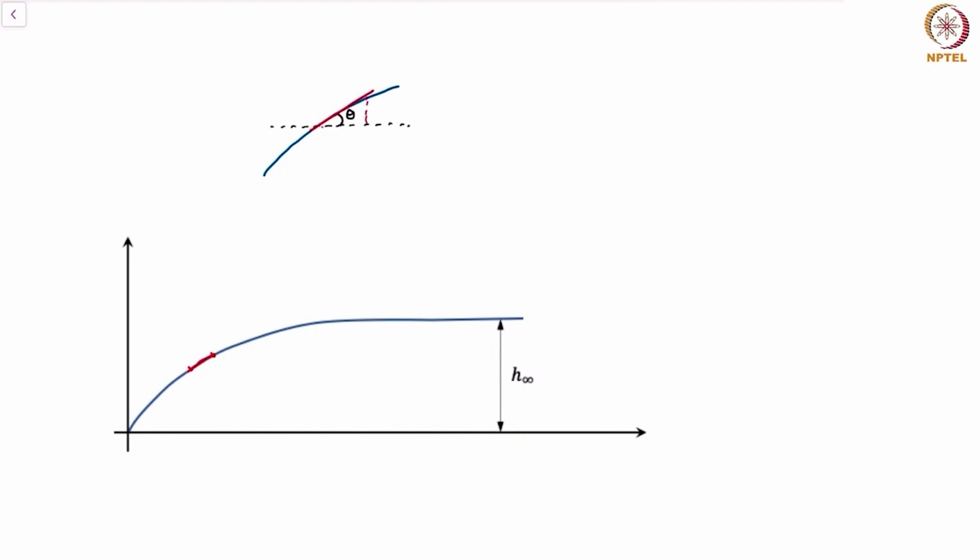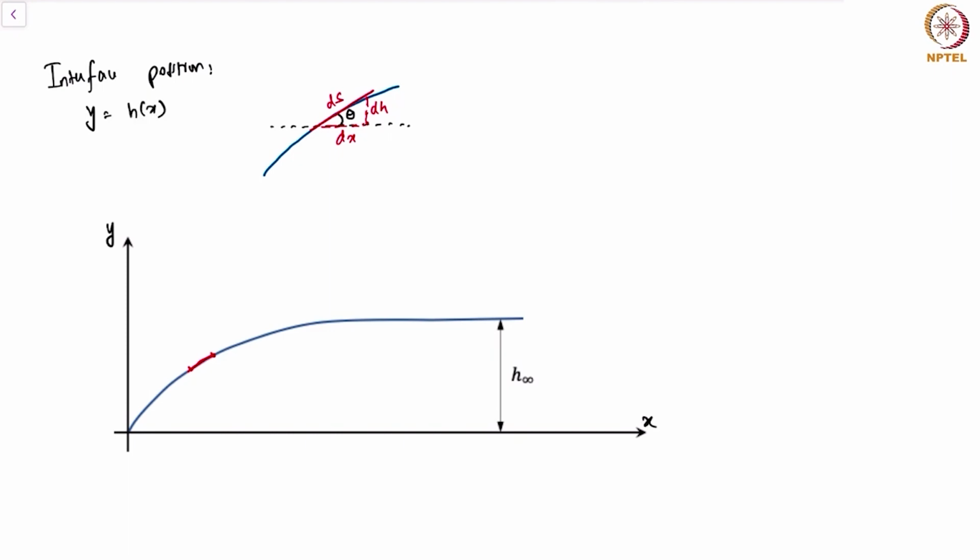So I could define a small triangle here, where ds is along the interface, dx is taken along the horizontal, and dh is taken along the vertical, where the interface height at any given location is given by y equals h of x, where x is my horizontal coordinate and y is my vertical coordinate.